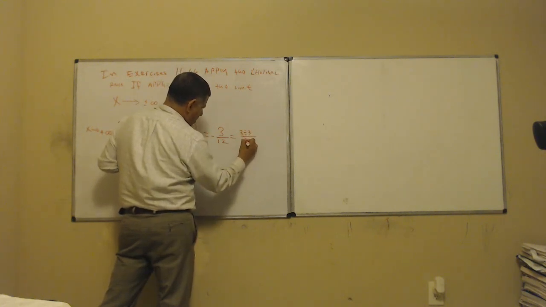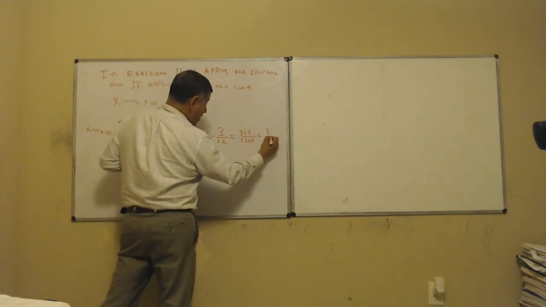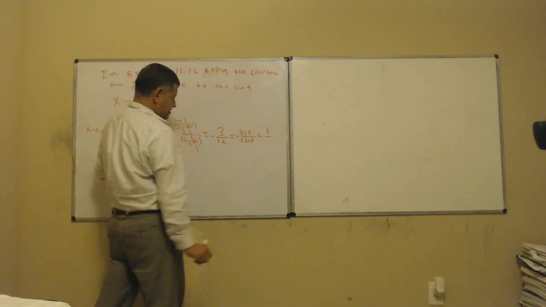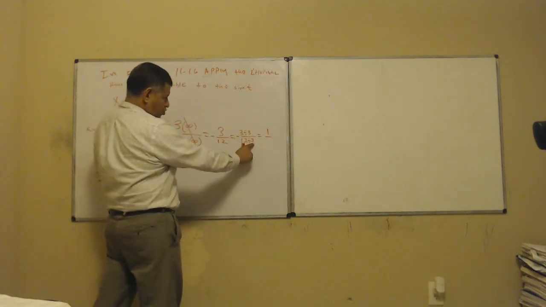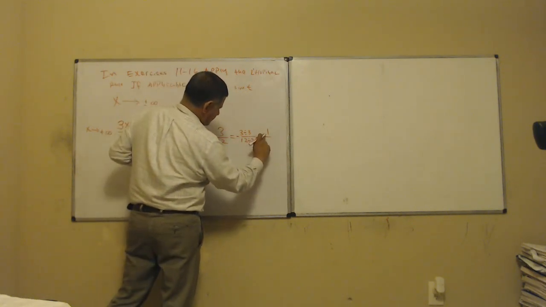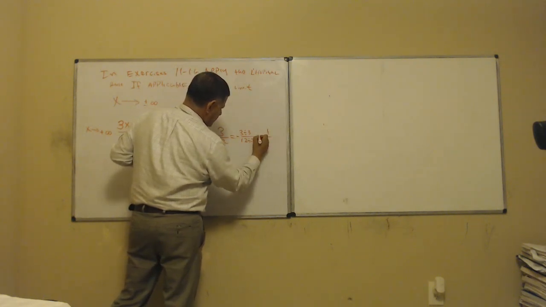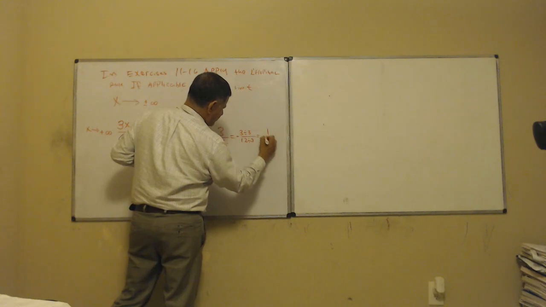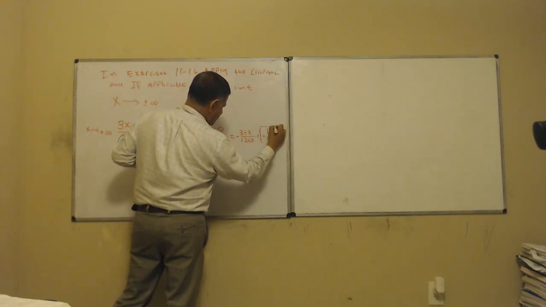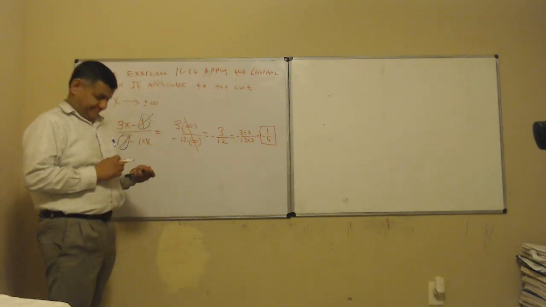And then 12 divided by 3 is equal to 4. So you have 1 on the top, and it's a negative, of course. Put a negative sign over there, and then put a 4 on the bottom. And that is the answer.